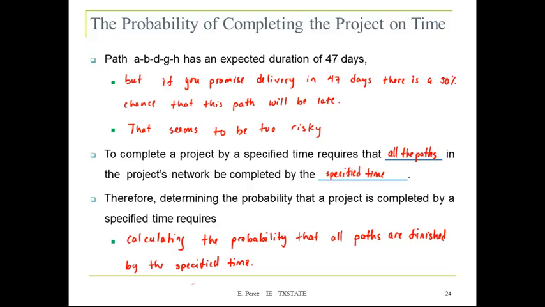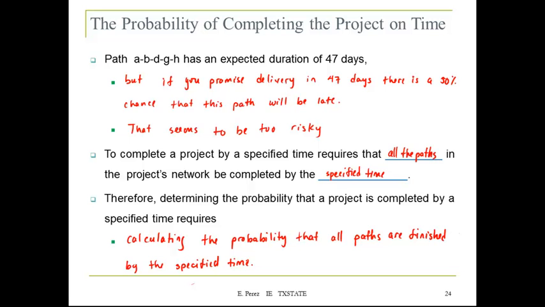Now, what we are interested in knowing is, based on those estimates, can we tell our customer we're going to finish the project by this date with this probability? So, I'm 95% sure that I'm going to complete the project in 51 days. That's the type of conclusion that we want to get now, based on the information that we have. And that's what we're going to discuss next.